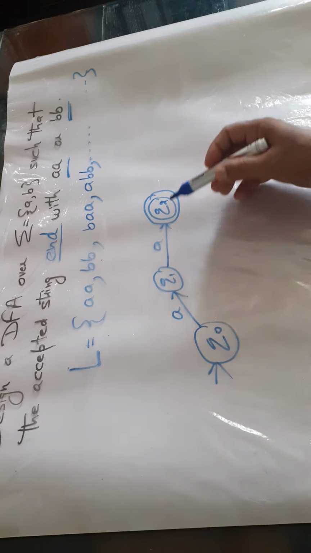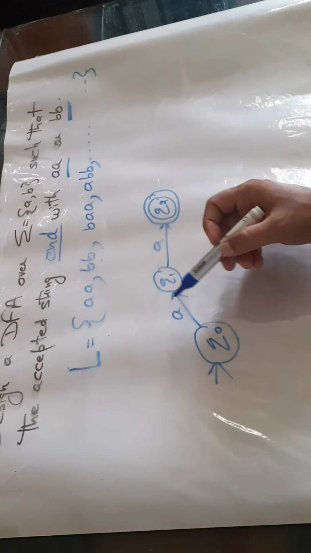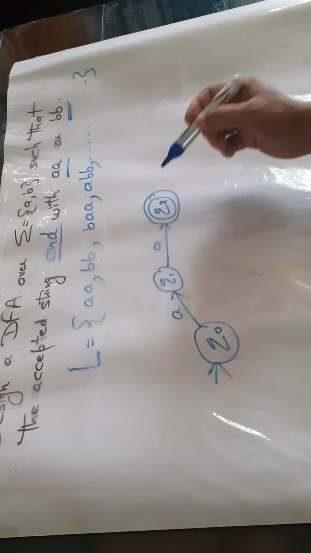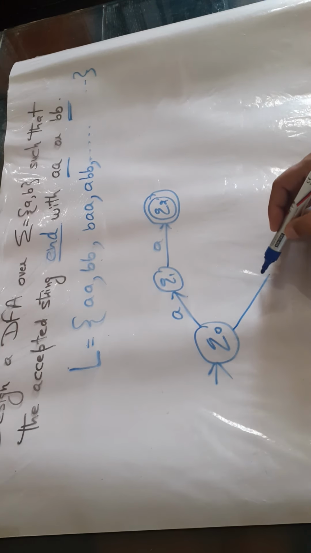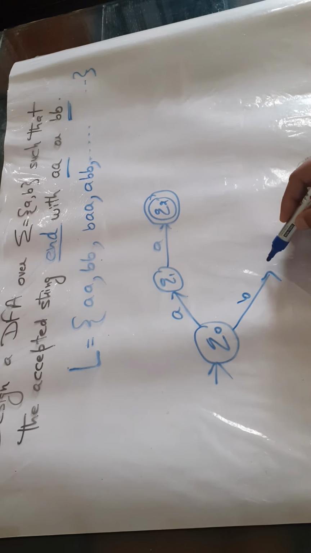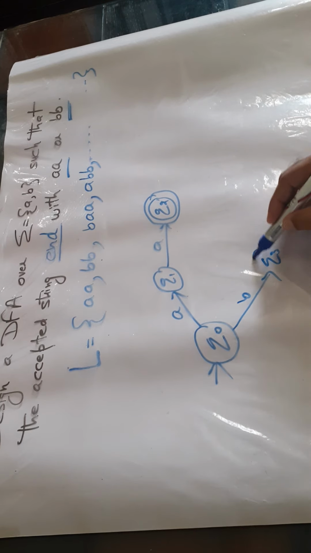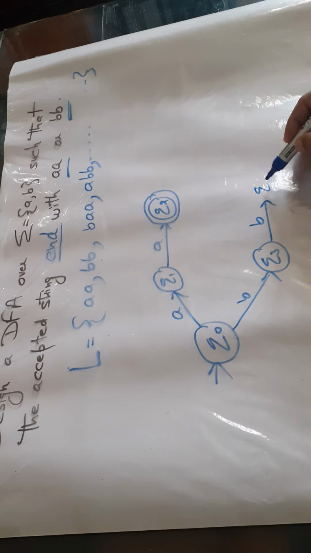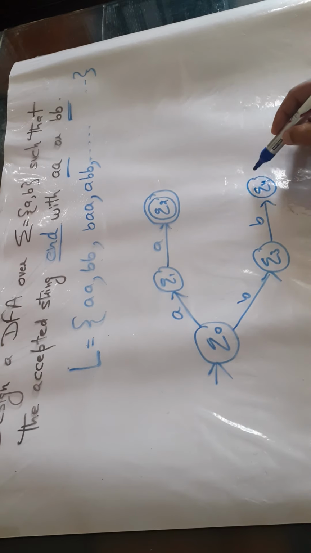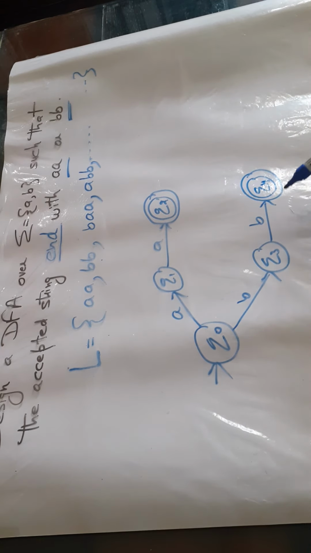That's why this is going to be accepted. Similarly, the string ending with BB, the smallest string is BB itself. So we are going to accept this string BB. So there are two final states.